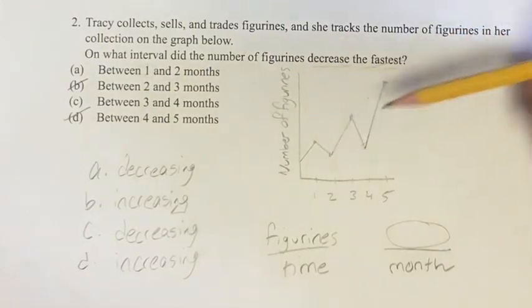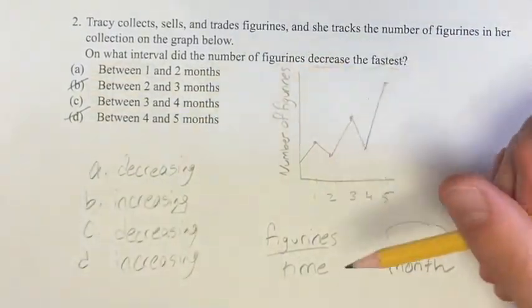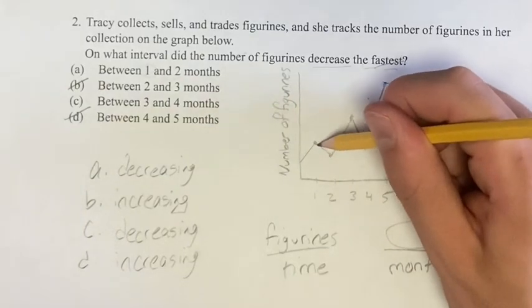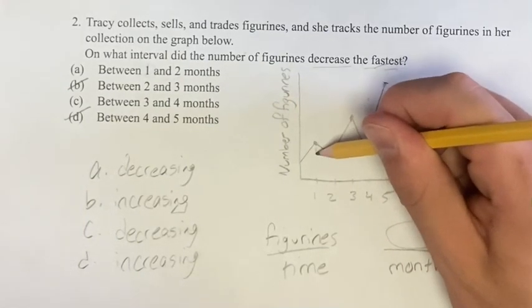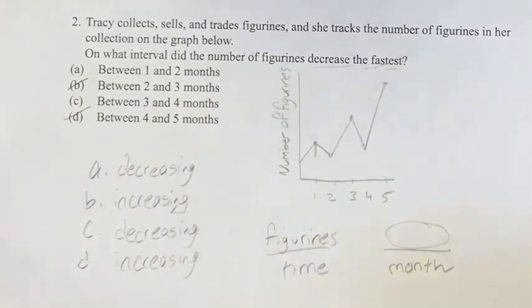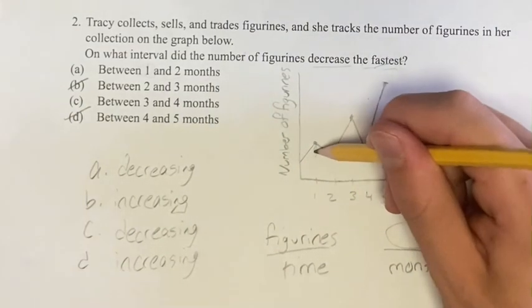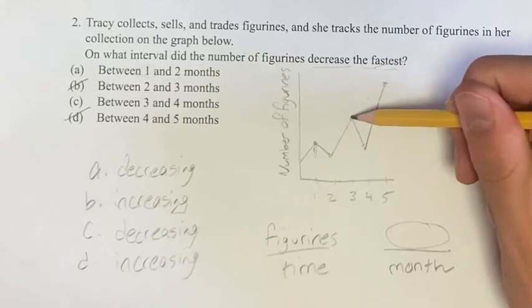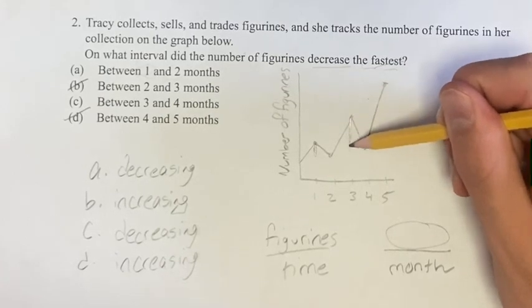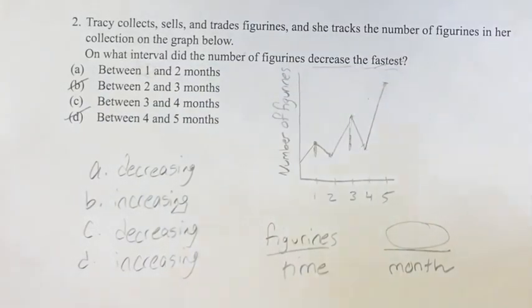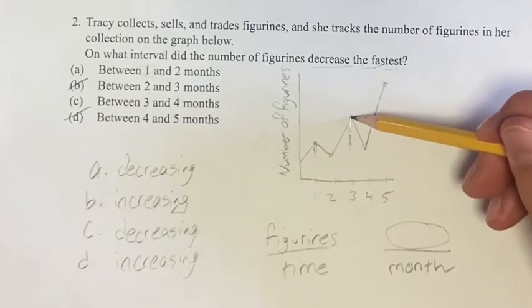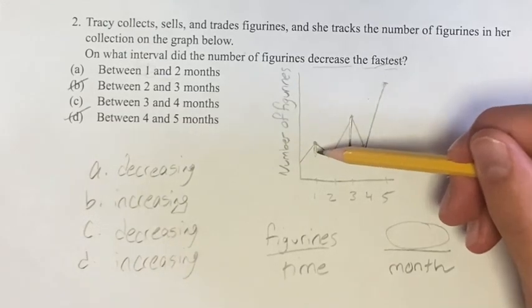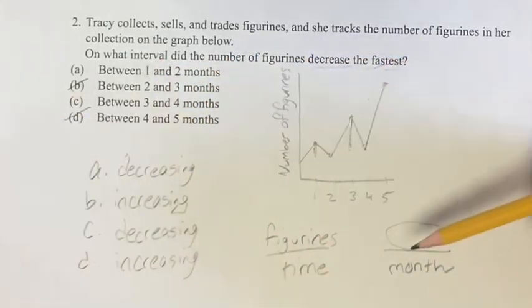So from 1 to 2 months, right, we can see that it goes down about that much, right? Looking at that vertical line, that's the change in y. If we look at 3 to 4, it goes down that much. So these are the amount of change between the beginning and end of these intervals.